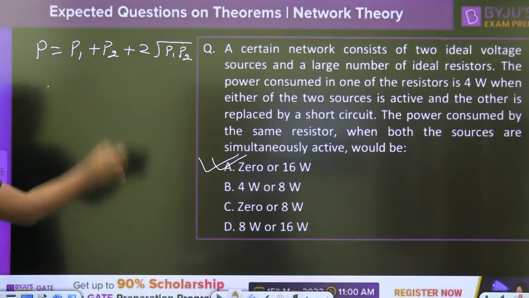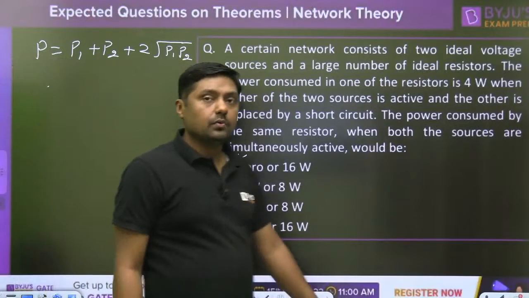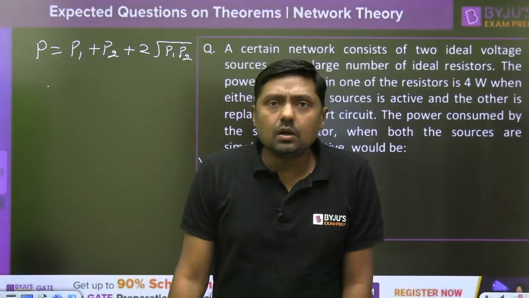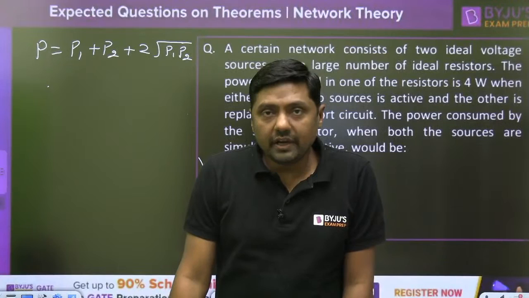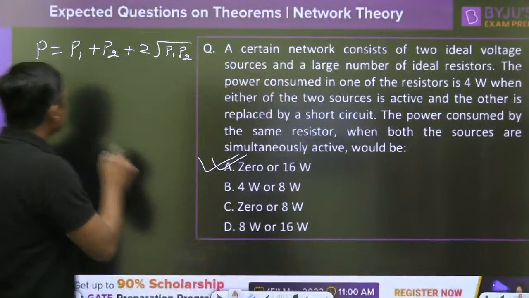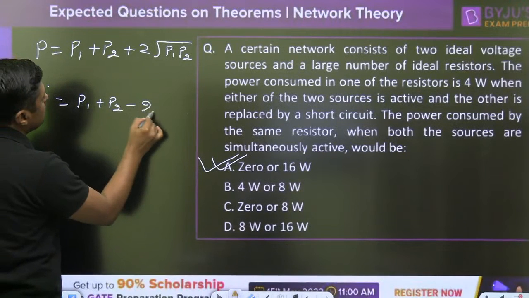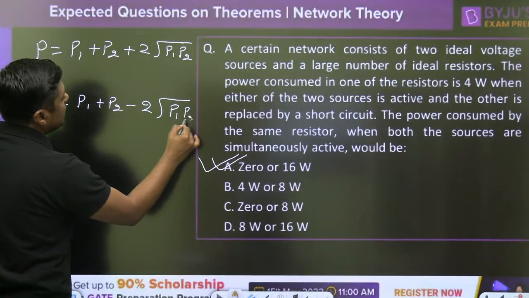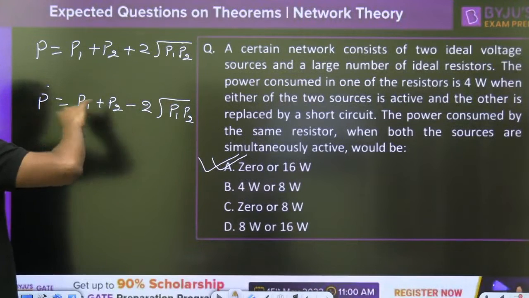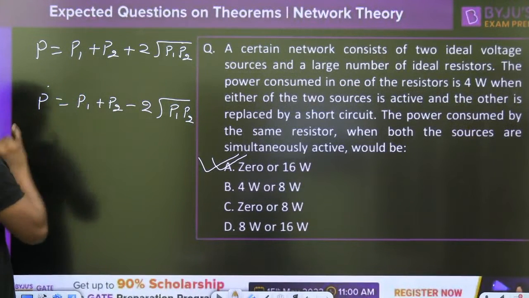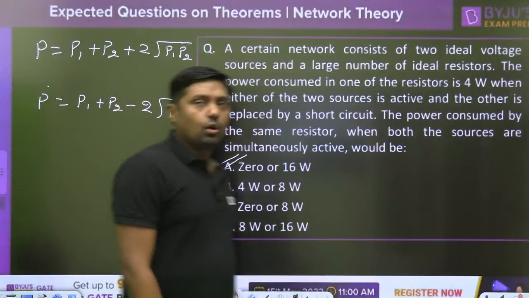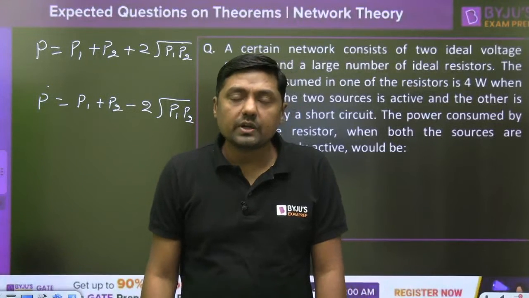There may be 2 cases you can find. Okay, this is the value, right? There, second case, you can directly use, within 30 seconds you are going to get the answer. One is 16 watt, and the second is 0 watt. That is the shortcut for this particular question.